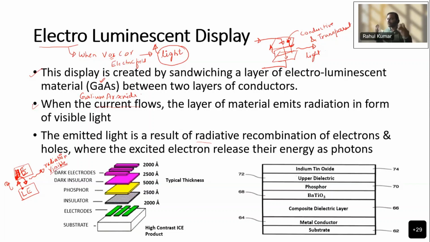Human eyes can see that spectrum of radiation. So basically, in simple words, when you pass the current through this electroluminescent material, it produces light. Okay, and that is used in this type of display.